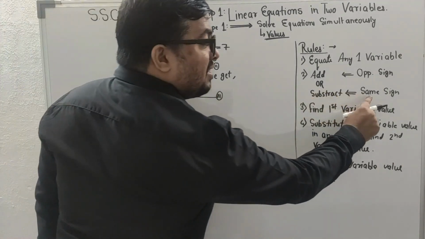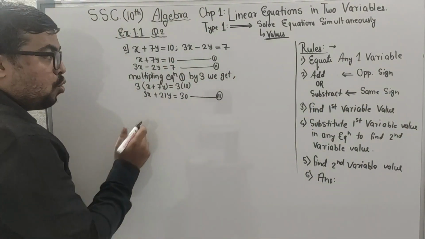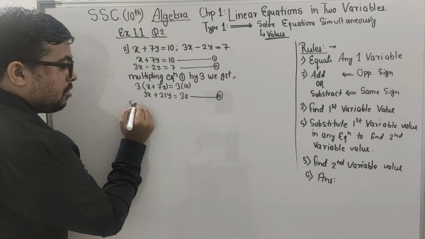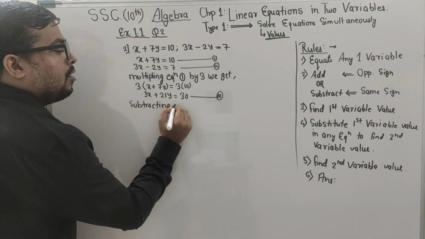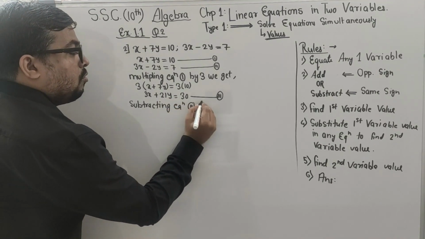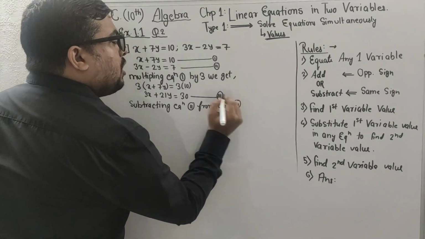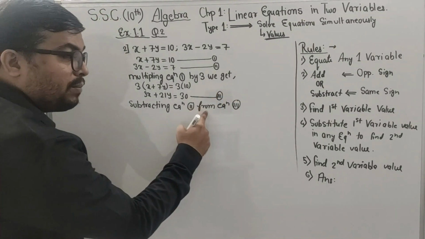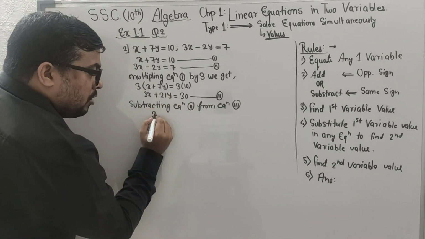So for the same sign, you have to use subtraction. So what you will write? Subtracting equation 2 from equation 3. So from के बाद क्या लिखा बेटा? Equation 3. First write equation 3.